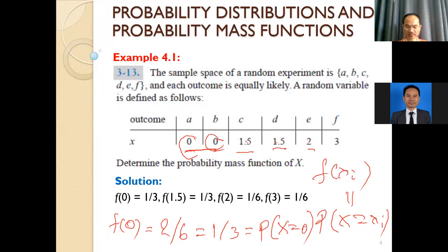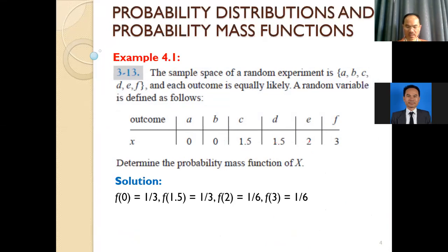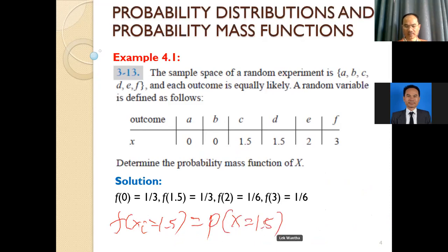It is also the same for f(xi) at xi equal to 1.5, which is the probability that X equals 1.5. We have 2 values of 1.5, so also 2 divided by 6.